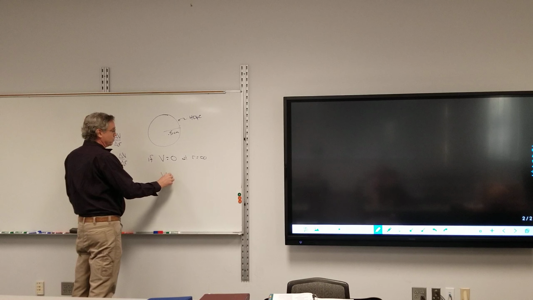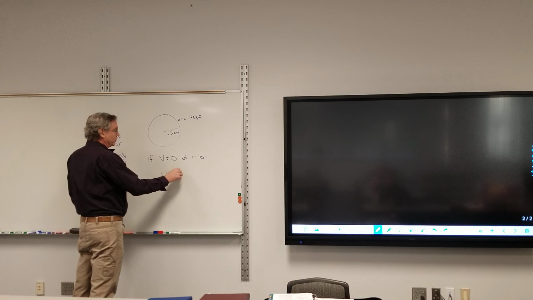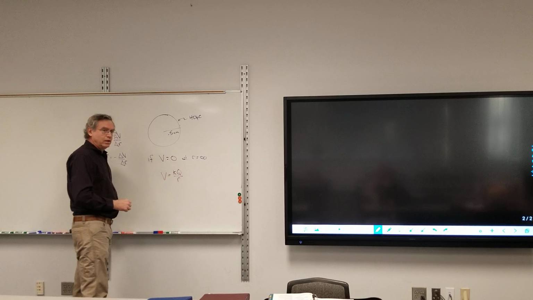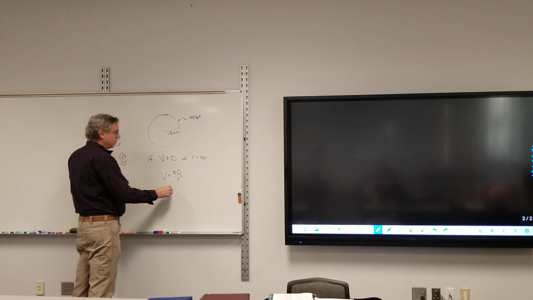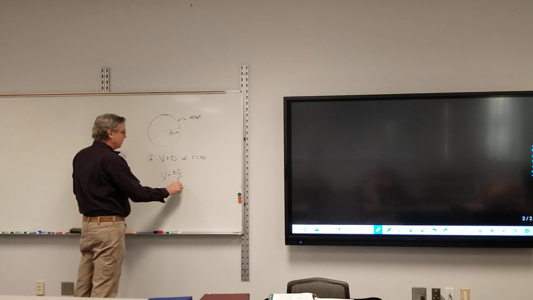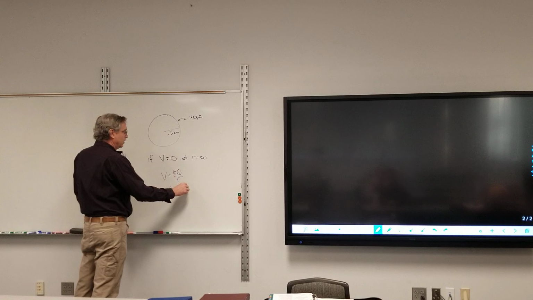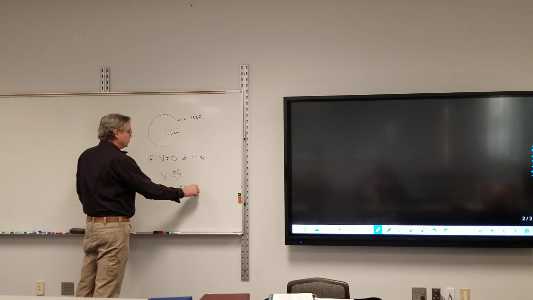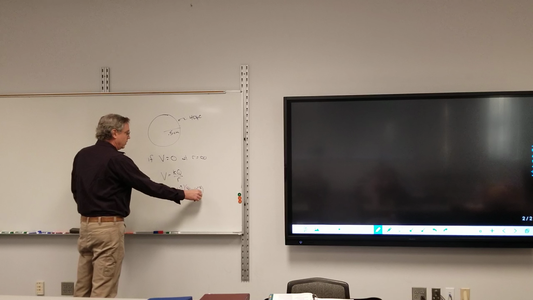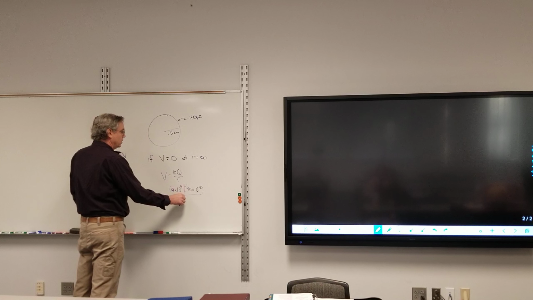So the potential, just plug and chug into the point charge formula, kq over r. That's 9 times 10 to the 9th times 40 times 10 to the negative 12th, which is pico, over 0.005 meters.